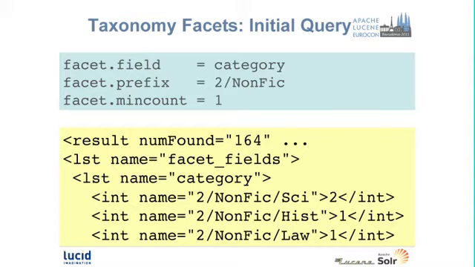And so this is how we query it. We do a facet.field on our category field that contains those terms now. And we do a facet prefix. And we say we're only interested in things that start with nonfiction. But here's the catch. We're only interested in things that start with nonfiction that have a path length of 2. And so what that will give us is just the direct descendants, just the direct children of the nonfiction node.